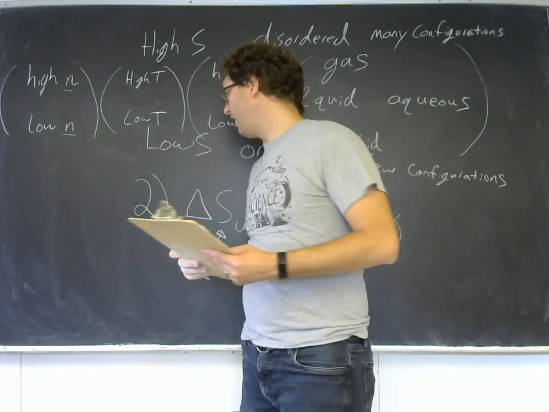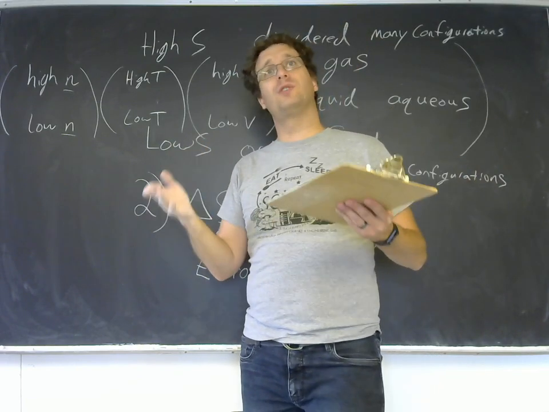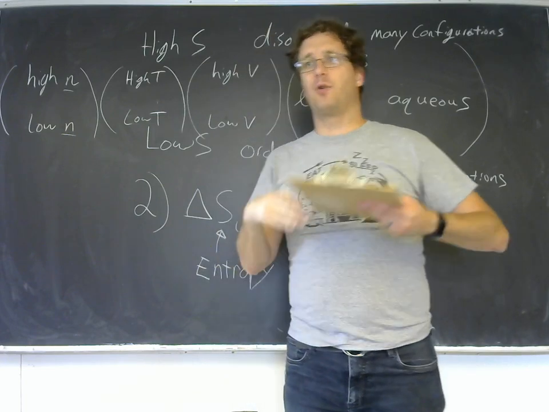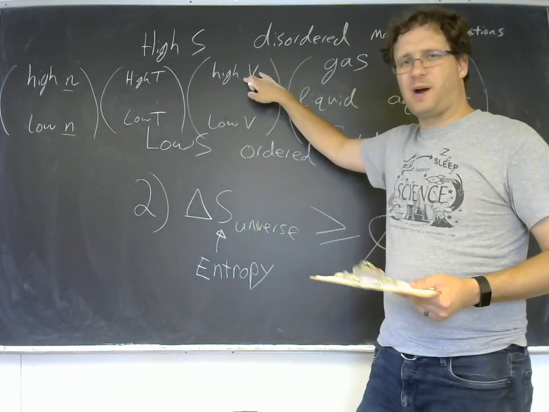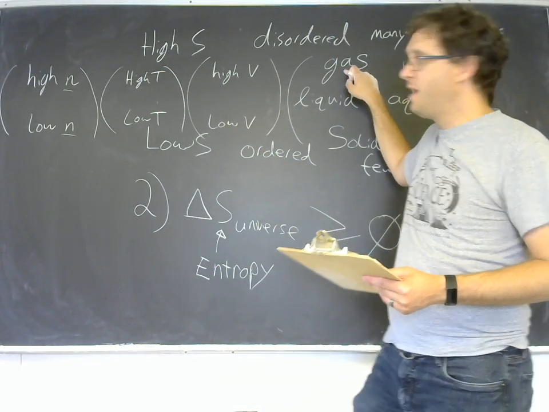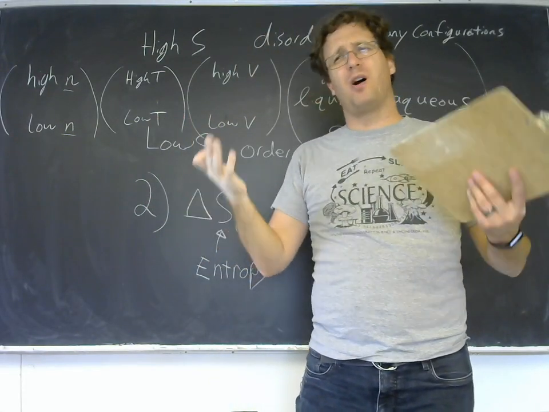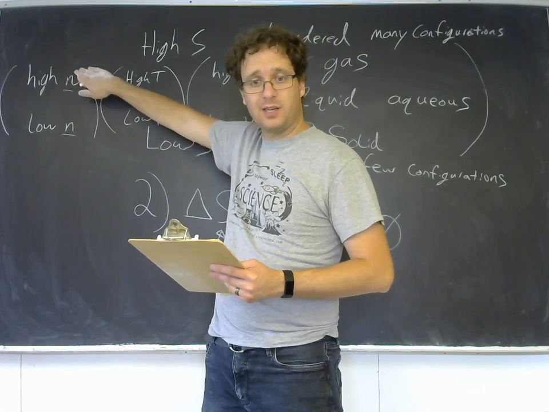So if I have a reaction that starts with 2 moles of gaseous reactants and ends up with 8 moles of gaseous products, well, even if they occupy the same volume and have the same temperature and they're all gases, the fact that the reaction produces 8 moles of product for every 2 moles of reactant means that we'll have increased the entropy of the system.